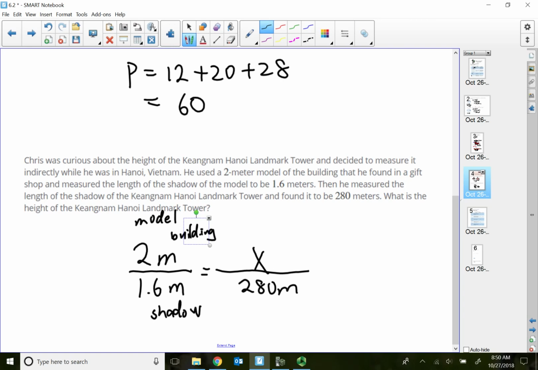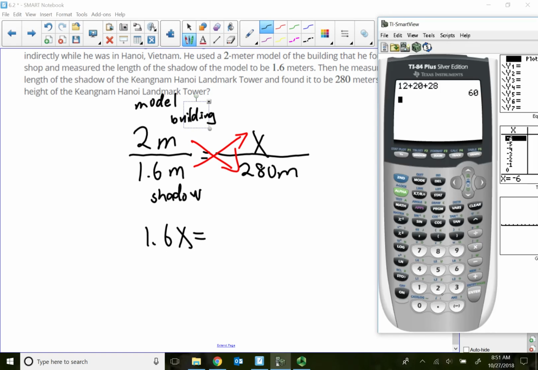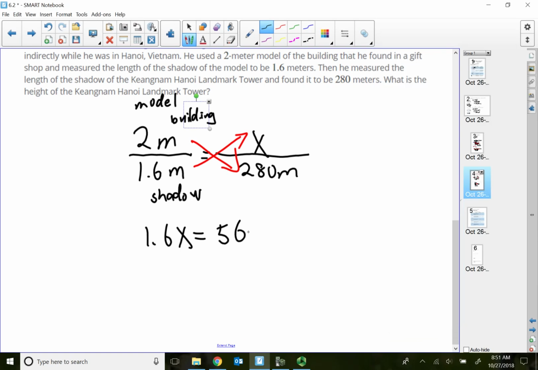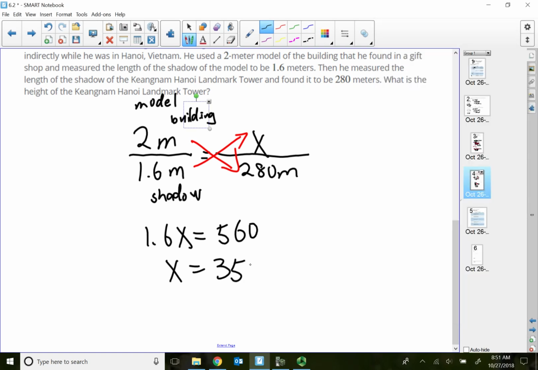That will be X up here. The height of the model is 2, the shadow is 1.6, and 280. If I use a cross product to solve the proportion, that's 1.6x equals 280 times 2, which is 560. Divide both sides by 1.6, and that gives me 350. So the actual height of the tower is 350 meters.